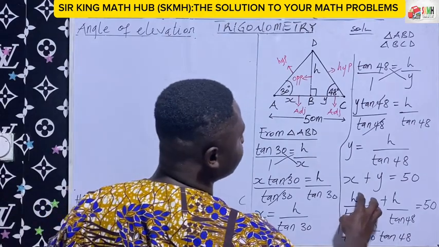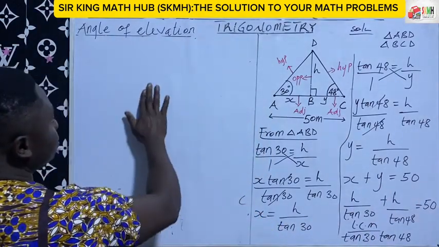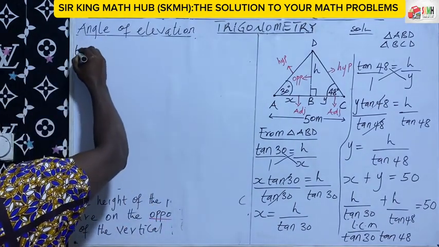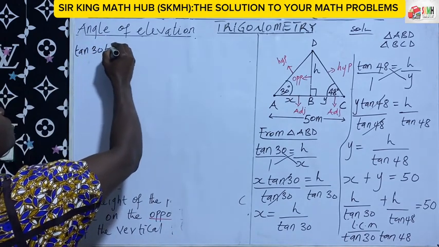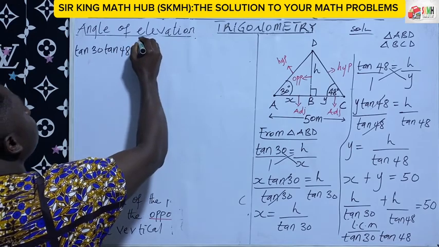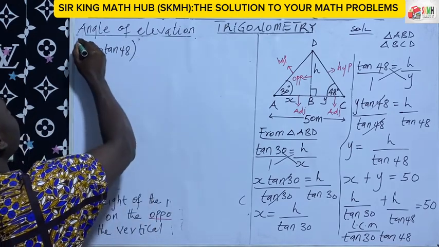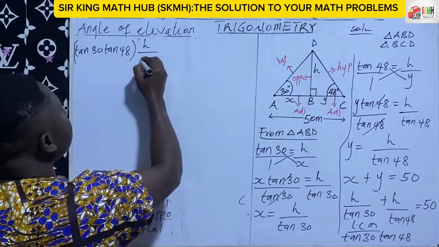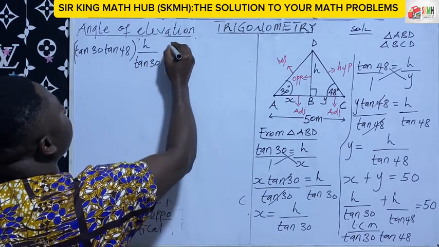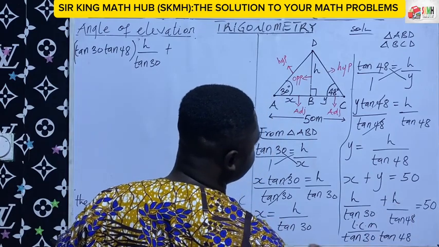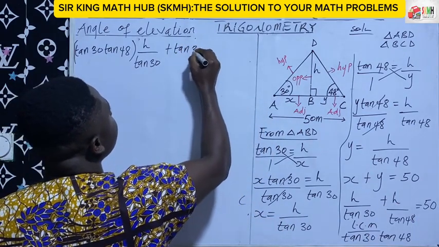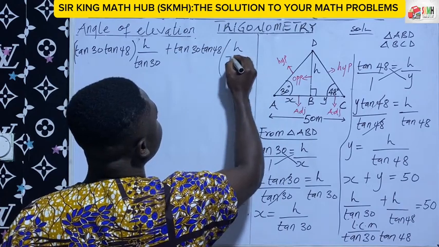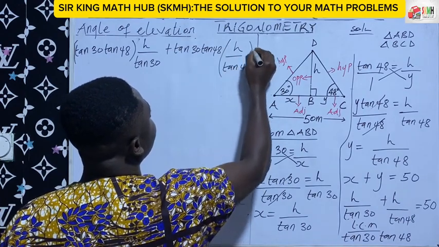Now let's multiply each term here by the LCM. Starting with the first term, the LCM is tan 30 tan 48, multiplying the first term, which is h on tan 30, plus the second term times the LCM, tan 30 tan 48 multiplying the second term, h on tan 48.